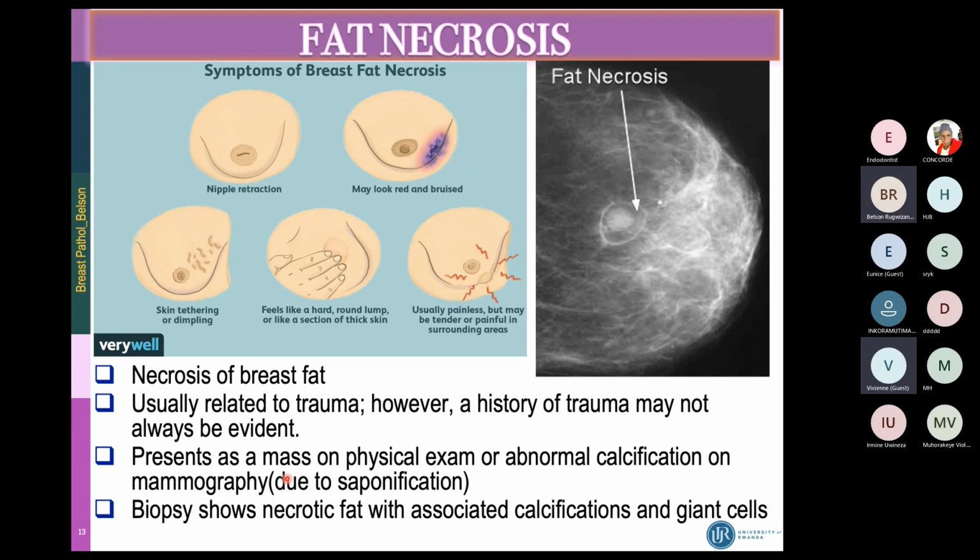Biopsy shows necrotic fat with associated calcifications and giant cells. These are multinucleated giant cells which are trying to engulf the fat which escaped from the cells.